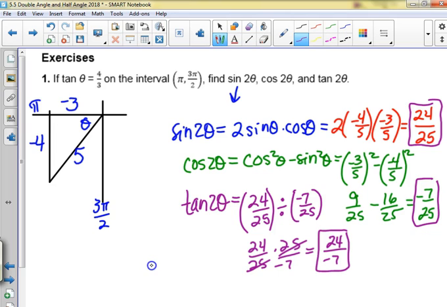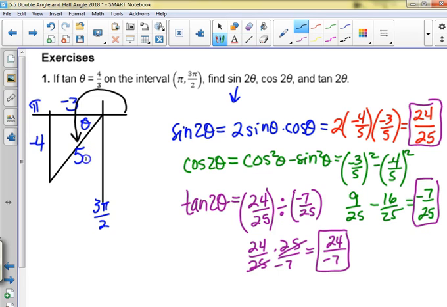This would be a great quiz question that I didn't put on this next quiz. What quadrant is 2 theta in? What this means is there was an angle that took us all the way around to here. That's actually theta. If we doubled that angle, where would we end up? Can you tell?